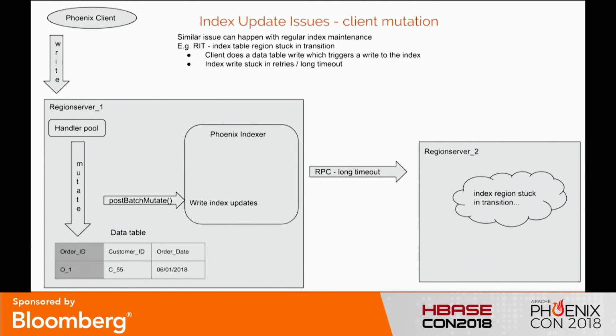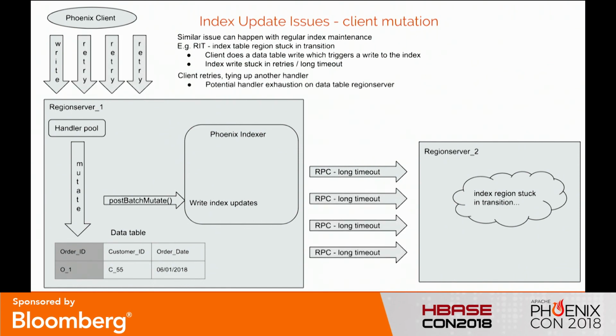A similar thing can happen for just regular index maintenance. An example of this that we ran into is, say you have an index region that's stuck in transition. In this example, you see the Phoenix client trying to do a data table update. We have that server-to-server RPC, but that RPC is stuck because there's an index region stuck in transition.